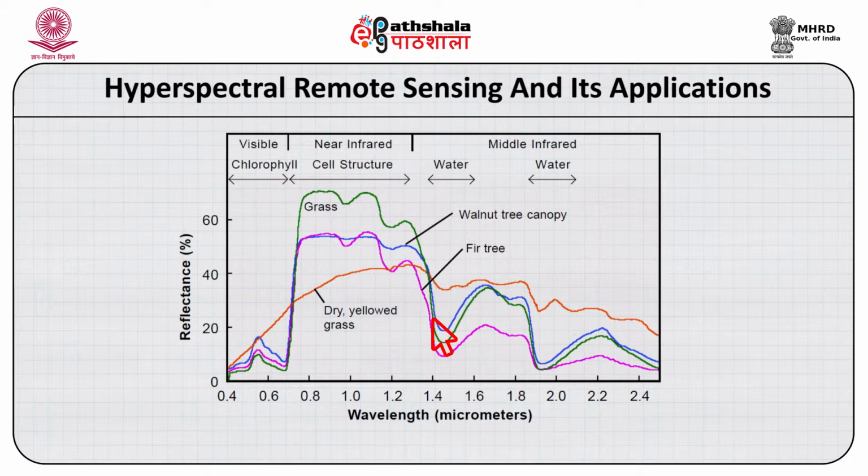But the moment you go right of this 1.4, say in the region 1.6 to 1.8, again we have separability between the dry yellow grass, the grasses, and the fir tree and walnut tree canopy. So this again clearly shows the different types of vegetation present in a particular part of the surface of the earth, which, I reiterate, has been possible by using hyperspectral data.